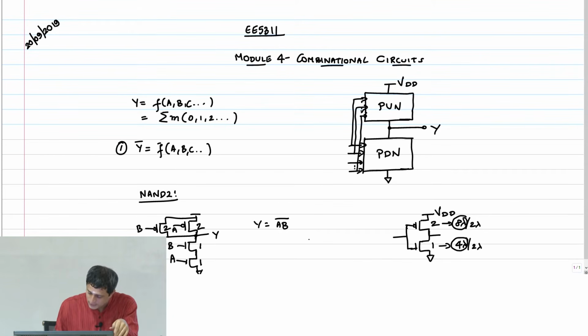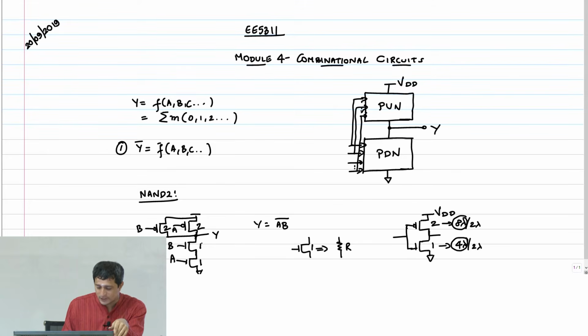But the problem is that if a unit transistor with width 1 offers a resistance of R, then a transistor of width alpha will offer a resistance of R by alpha.